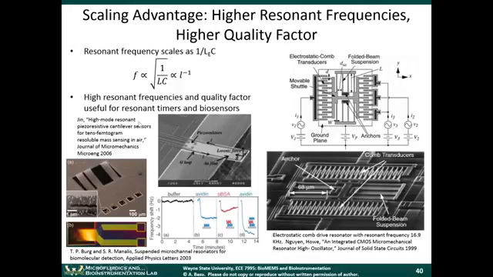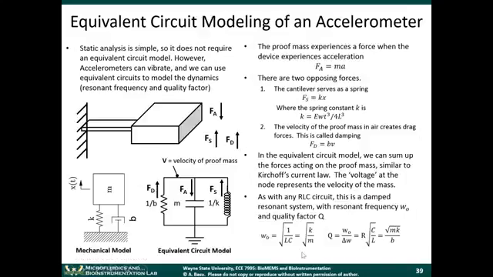But why are high resonant frequencies good? Well, devices operating at high resonant frequencies turn out to be very useful for making resonant sensors. Let me give you an example. Mathematically, the resonant frequency is the square root of K divided by M. If the mass were to change, the resonant frequency is also going to change, right?